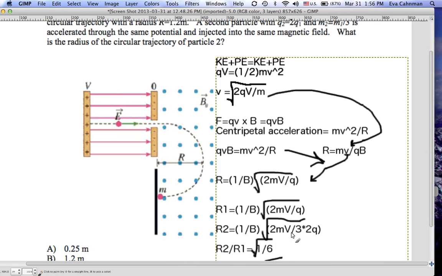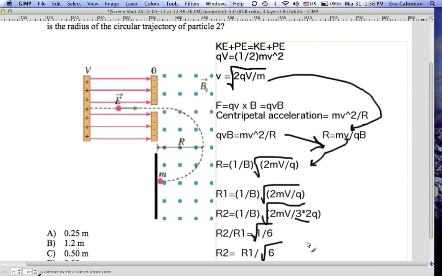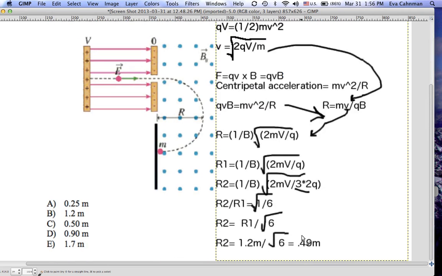So the only thing that changes is this square root of 3 times 2q at the bottom. And so we get r2 over r1 equals the square root of 1 over 6, because all the variables cancel out except for the 3 times 2 in the denominator. And when we multiply r1 times the square root of 1 over 6, we get r2 equals r1 over square root of 6.